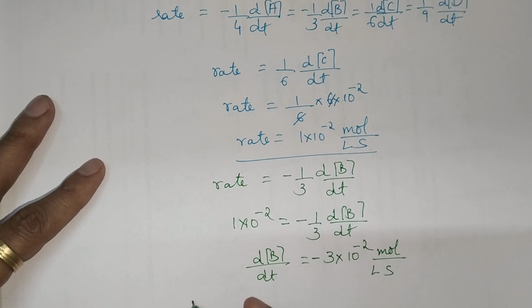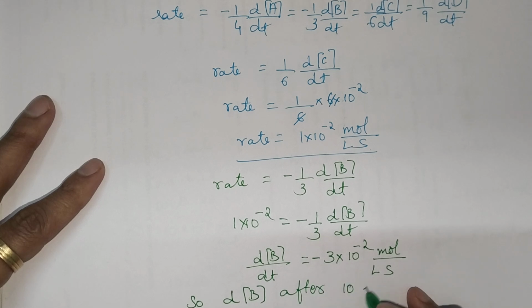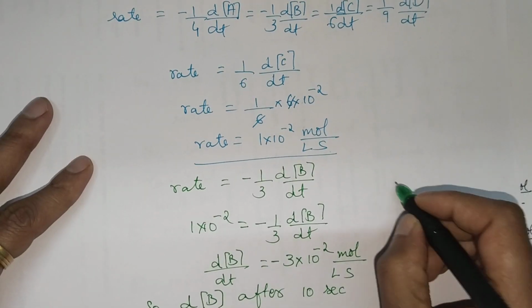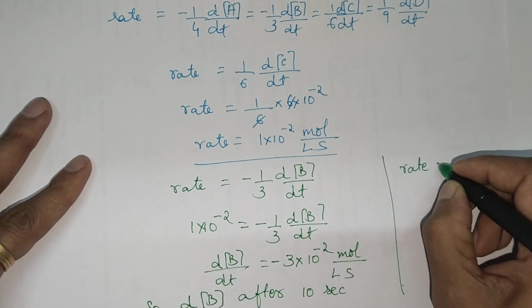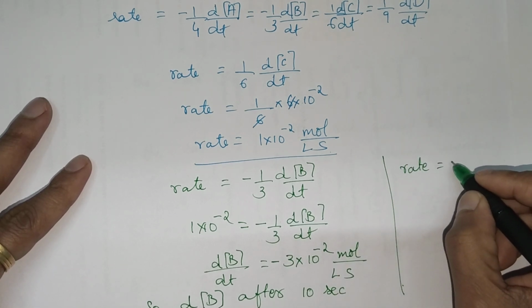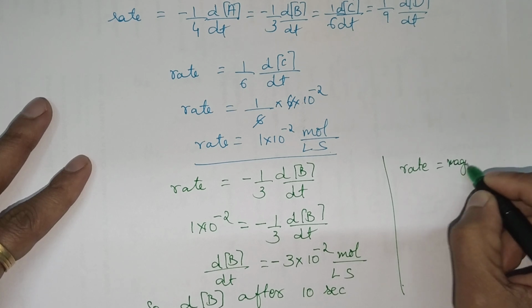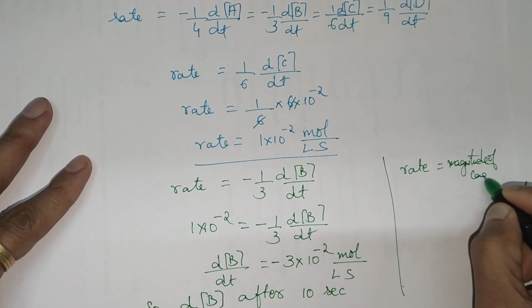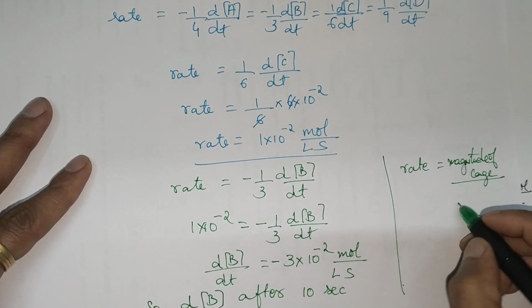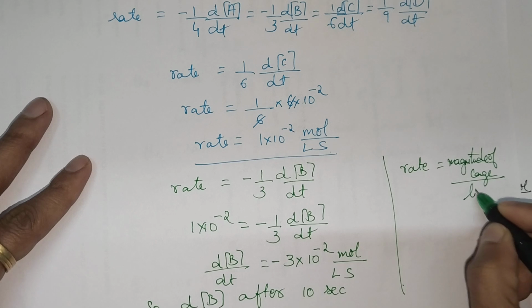The rate at which B is getting consumed, the speed at which it is getting consumed, is this value. So how much is the change in concentration of B after 10 seconds? We can write in general, rate is equal to magnitude of change, in this case the concentration, divided by time.